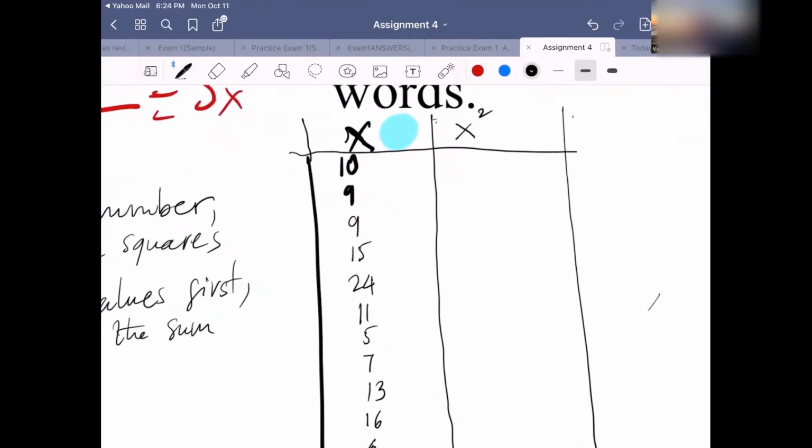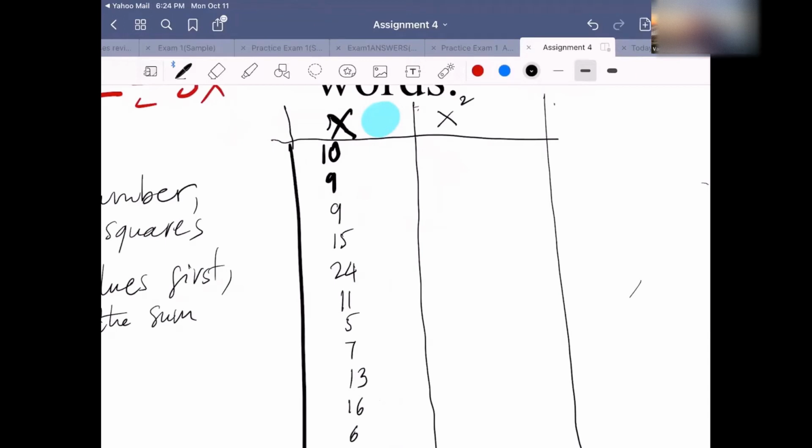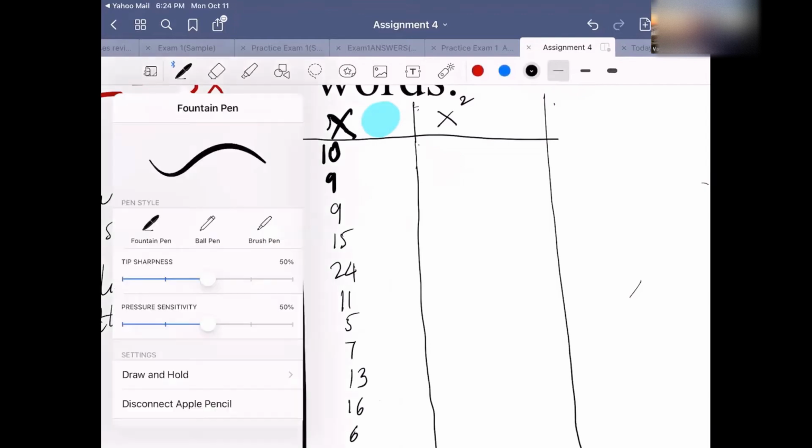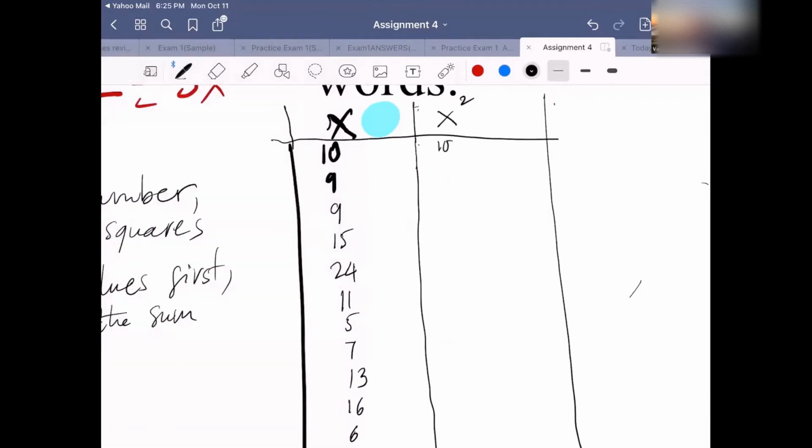We'll work on this. Can you tell me what is 10 squared? Type in the chat for me. What is 10 squared? All right, good, Uriel. How about other people? All right, so it's 100, right?